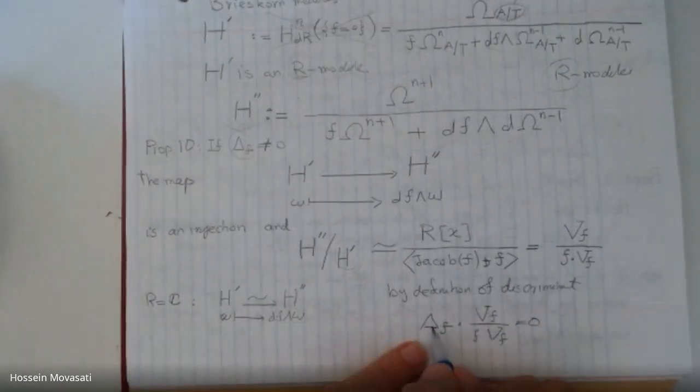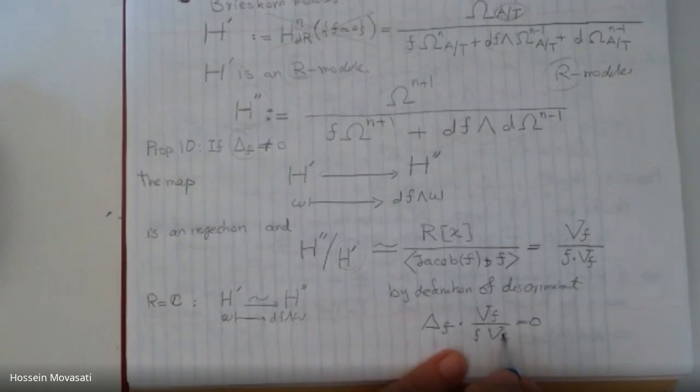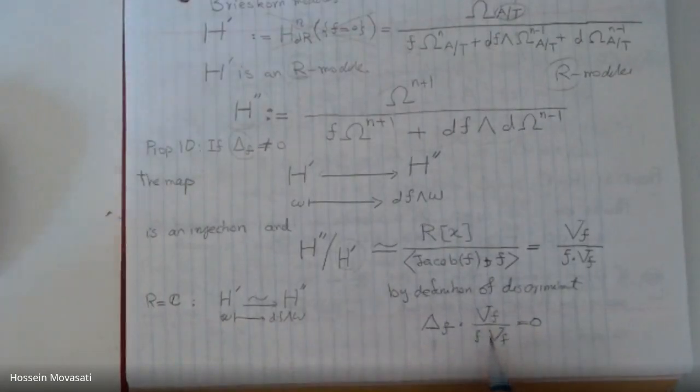So the discriminant is the zero divisor for all elements here.